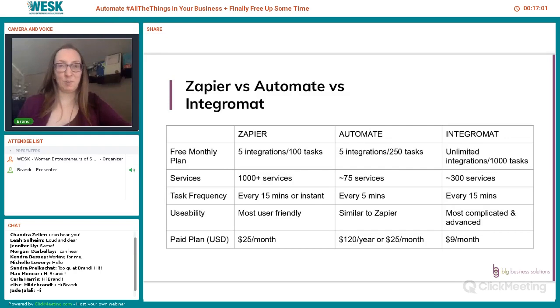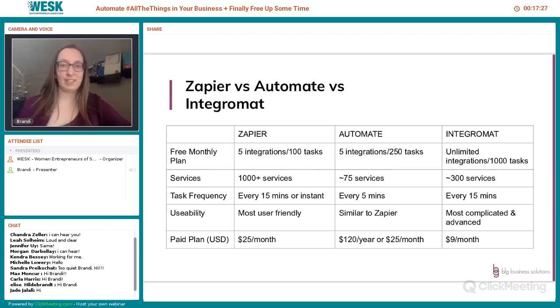And like I said, Integromat is maybe the least user-friendly. Zapier is definitely the most user-friendly, and Automate functions very similar in terms of how it's laid out. Integromat is the most advanced. It actually has a bit more advanced features than Zapier. They're really gunning to be a big Zapier competitor.